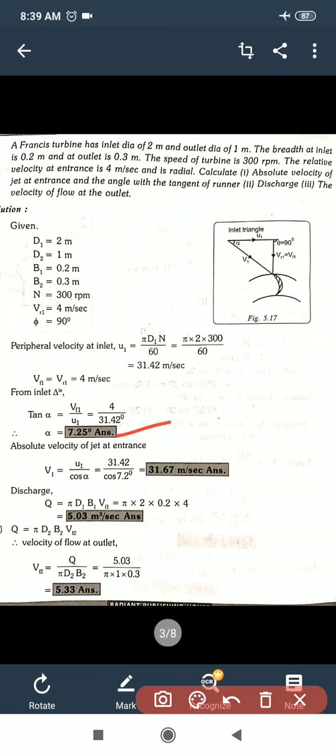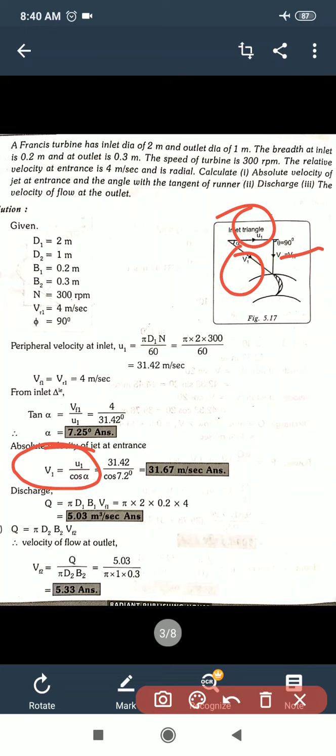So you got the alpha value for the inlet triangle; u1 value and vf1 value are known. So it is very easy to find the v1 value by using the cos value or sin value. You can use any of those two relations. Here we are using cos. Cos alpha equals adjacent by hypotenuse, so cos alpha equal to u1 by v1.